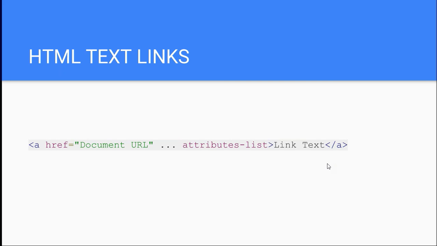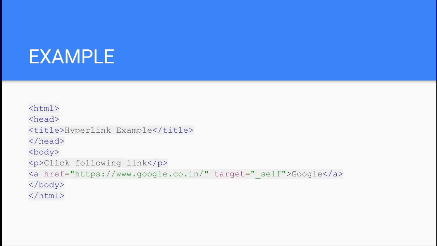Let us have a look at an example to understand the anchor tag. Here in this code, you can see in the body we have a paragraph, click the following link, and we opened an anchor tag.